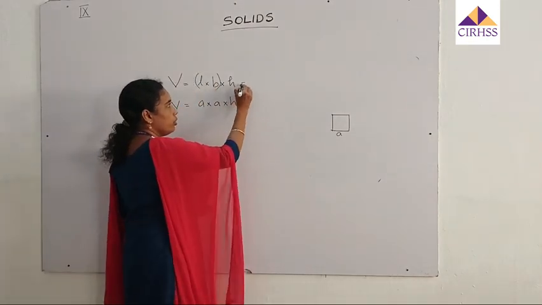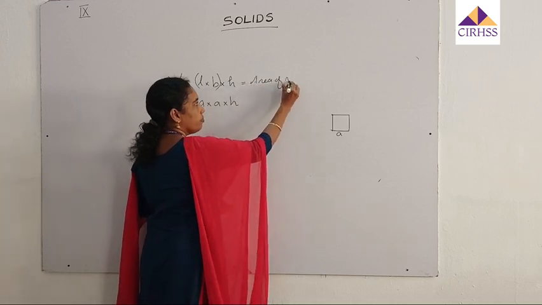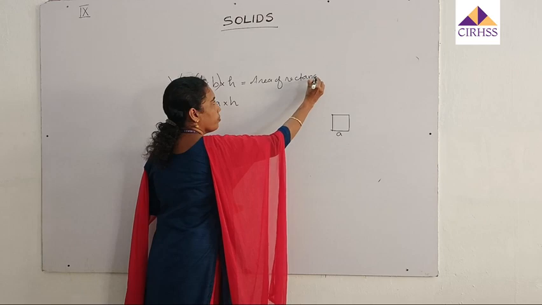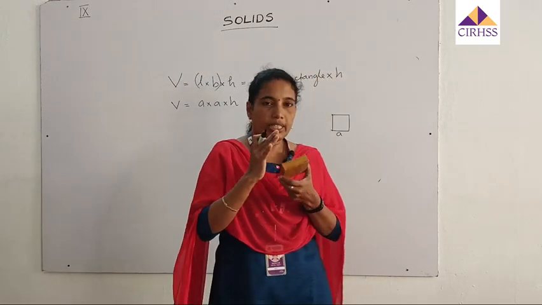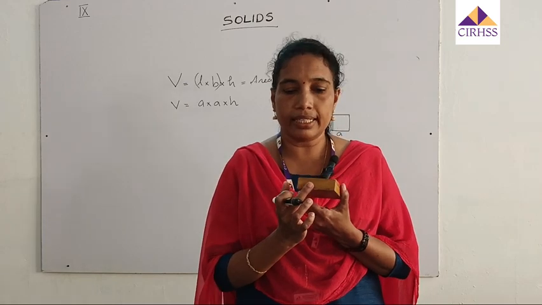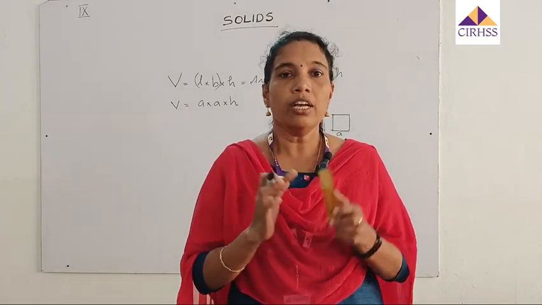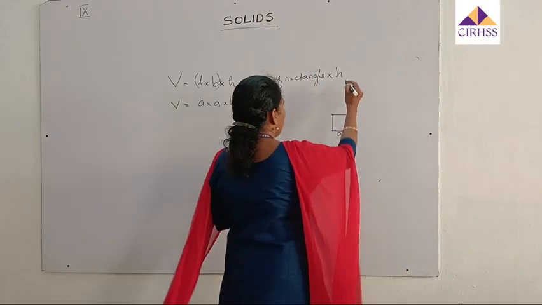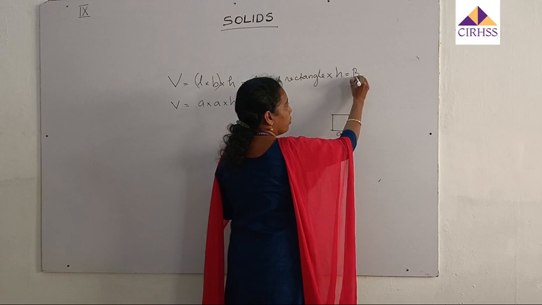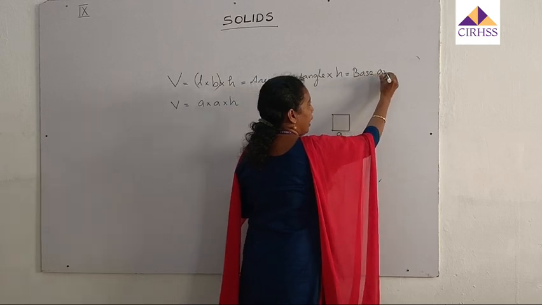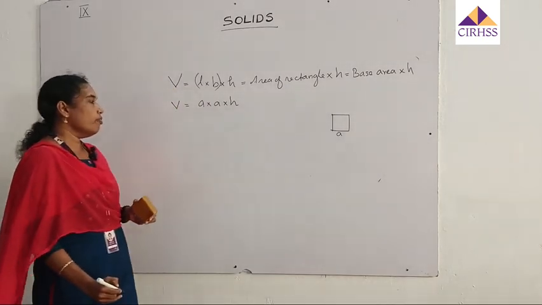So this is equal to the area of the rectangle into height. What is the shape of the base? The base is a rectangle. So the area of the rectangle means base area. So we can write this as volume equal to base area into height.